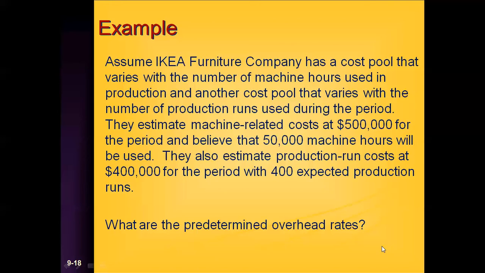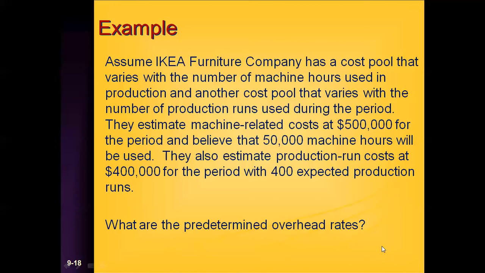So they estimate their machine-related costs are approximately $500,000 for the period, and they believe that 50,000 machine hours will be used. In addition to that, they also estimate their production run costs at approximately $400,000 for the period, and they're expecting approximately 400 expected production runs.